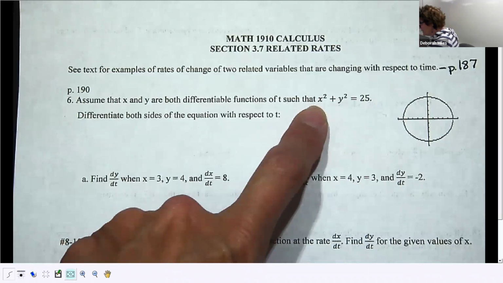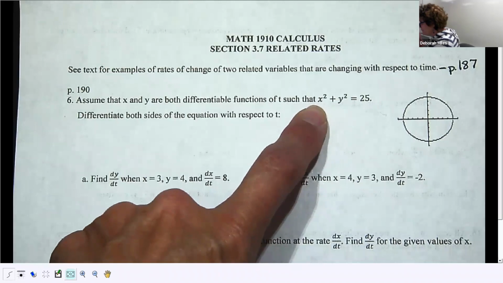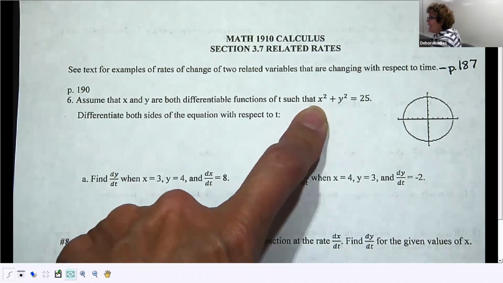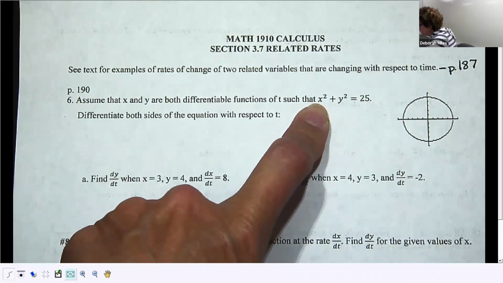Well, here we're differentiating things that depend on time. So whenever we differentiate a variable, we have to have dx over dt, the derivative of that variable with respect to time, as part of the derivative.